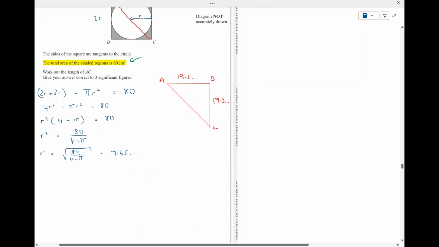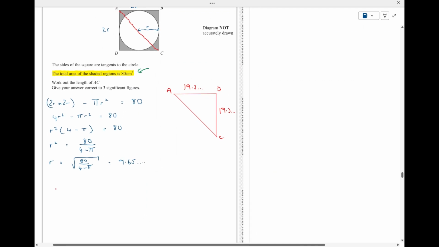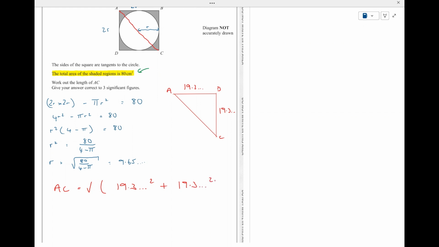And so what I'm going to do to find AC is the square root of 19.3 squared plus 19.3 squared. So I've got that whole number on my calculator. So I'm going to square it, press equals, times by 2 equals. And so I get AC is the square root of 745.5 and so on.